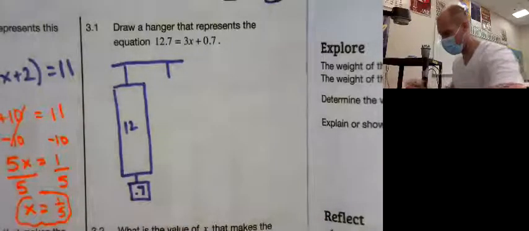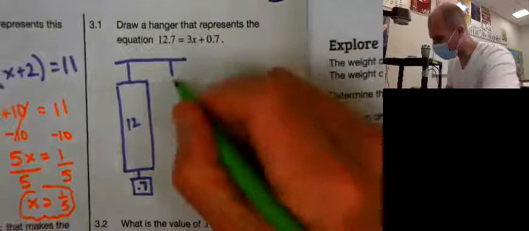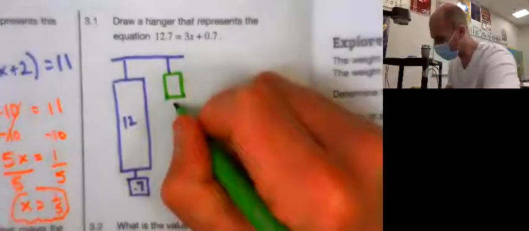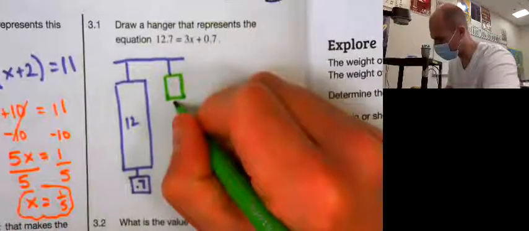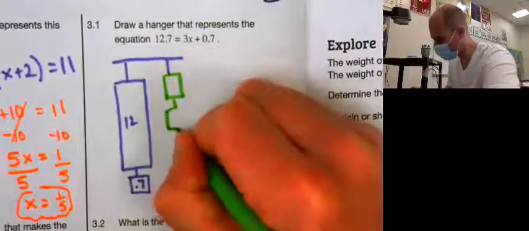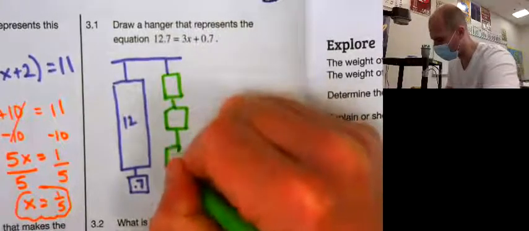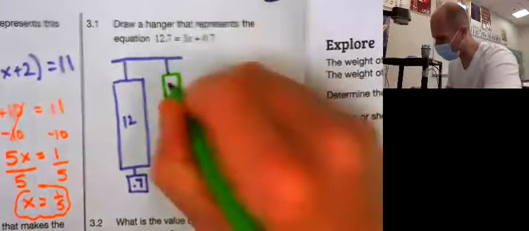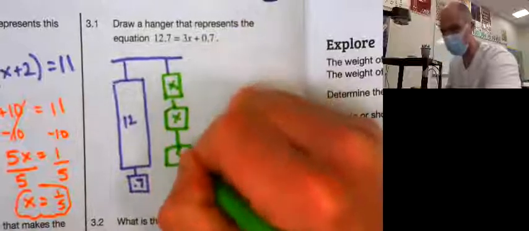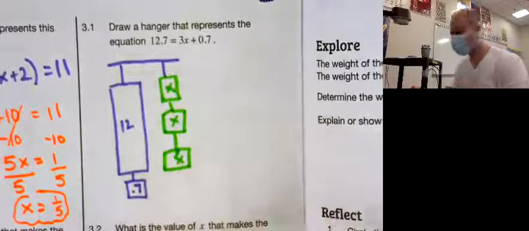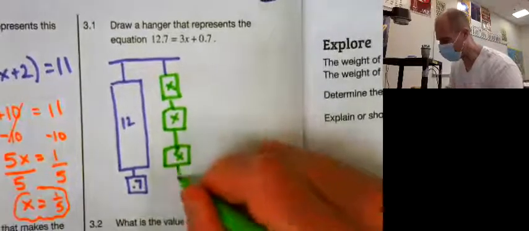All right, let's use green on the other side. So on this side, I'm going to make 3 boxes. Oops, I don't know why I made that line so long. And each of these is going to be worth x. And notice I tried to make these 3 boxes be about the same as the 12, because I know that the last thing I have on this side is the 0.7.